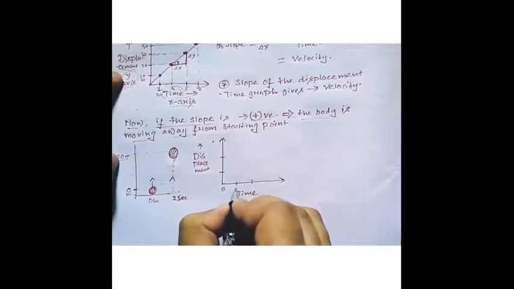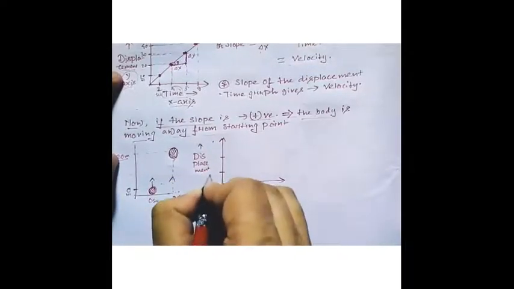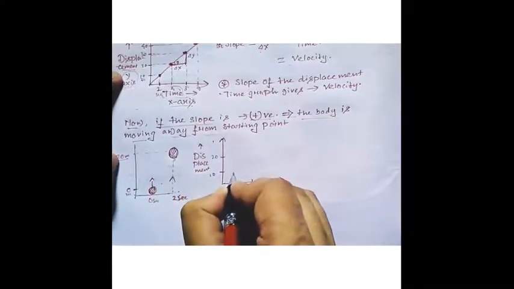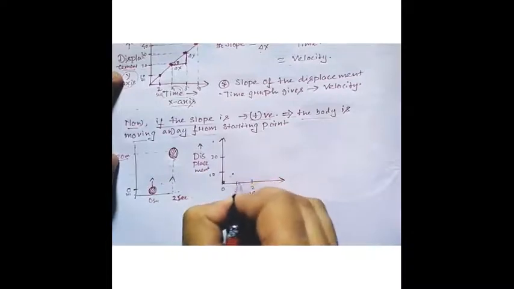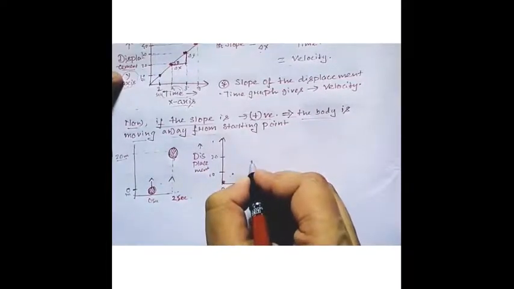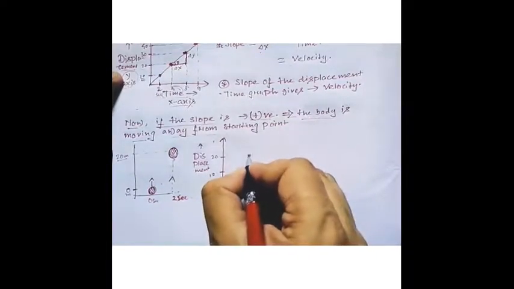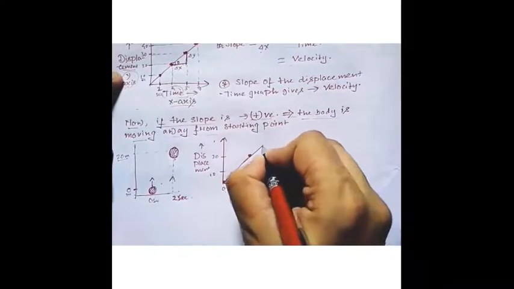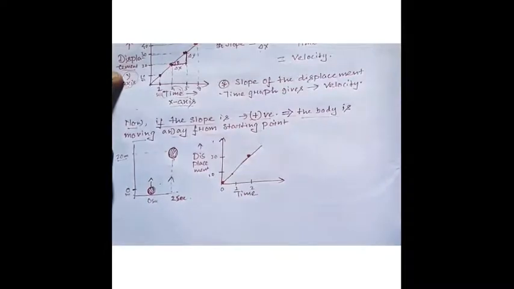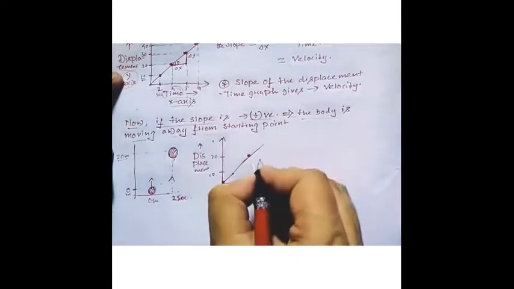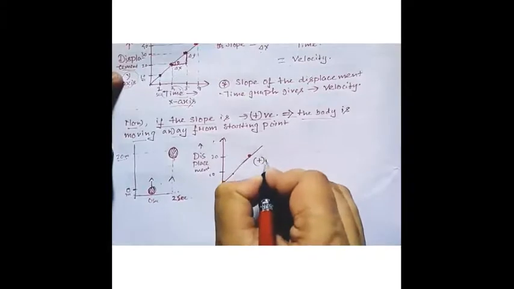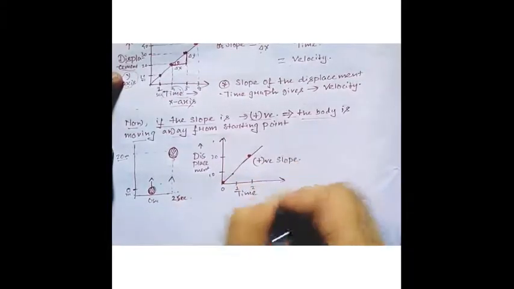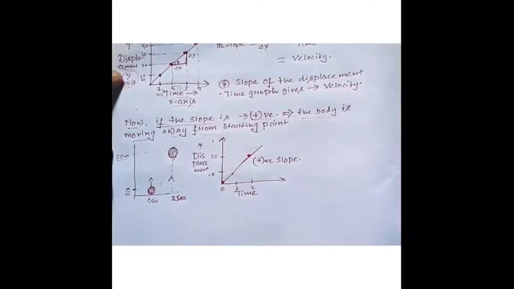This is the origin, 0 second, 1 second, 2 second, and this is 10 meter, 20 meter. Now I draw the graph. Look at one thing here: x2 and y2 are always greater than x1 and y1, so the slope is always positive.